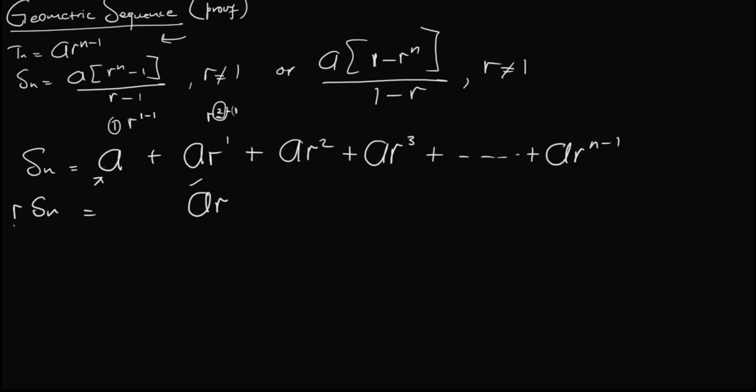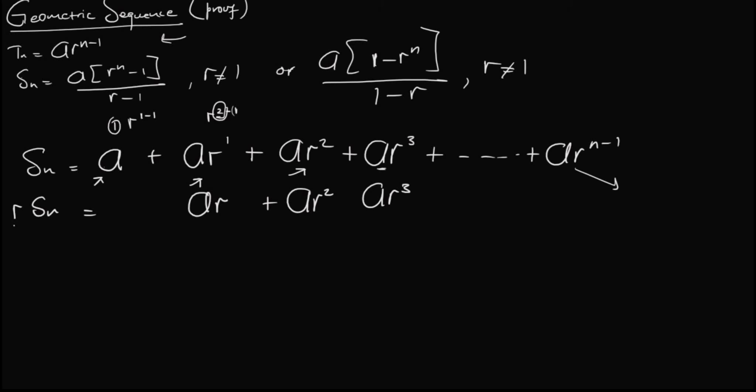Then we multiply Ar by r, so we get Ar squared. Then we multiply Ar squared by r and we get Ar cubed. And you can see that we haven't yet multiplied the last term, A r^(n-1).